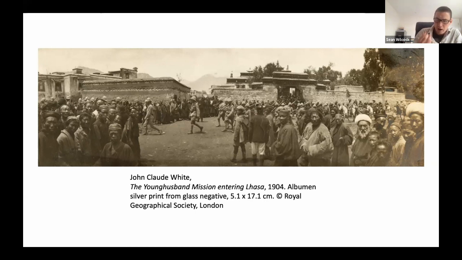We see the extent to which this is really an eye-catching apparatus, because it's been positioned to document the imperial parade from the perspective of the Tibetans. He's sort of embedded himself within the Tibetan crowd. Yet those Tibetan spectators appear less struck by the imperial parade than by the act of photography itself.